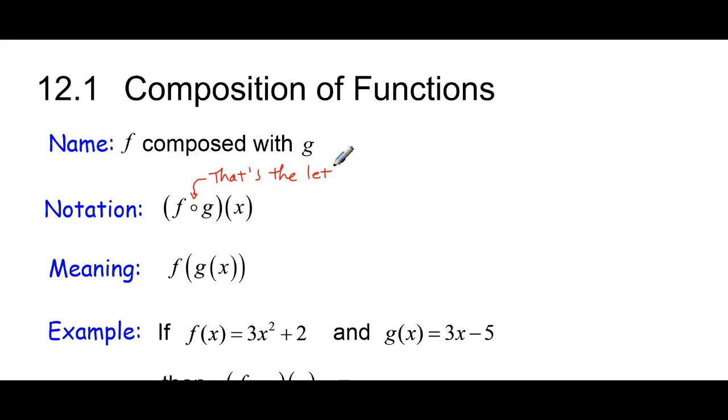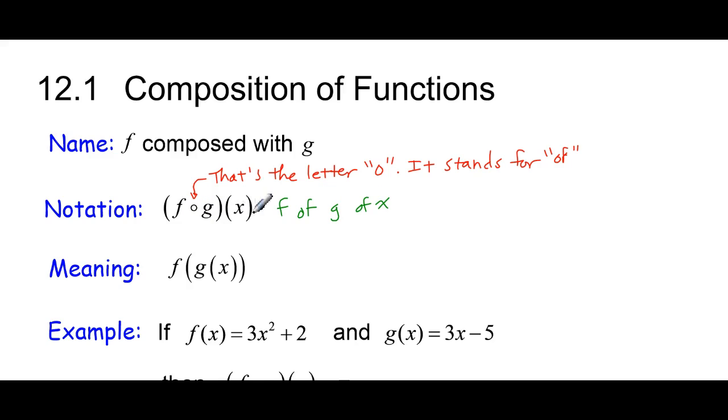It's much better to think of that as a little tiny sort of abbreviated letter O. The reason why you should think of it as the letter O is because it stands for something. It stands for the word of. So if you read this notation and you read that little O as the word of, then what you would read is f of g of x.